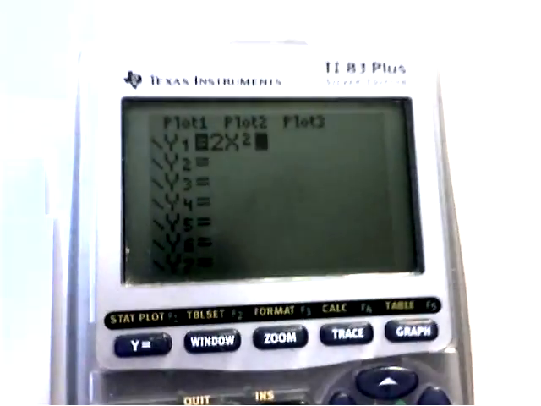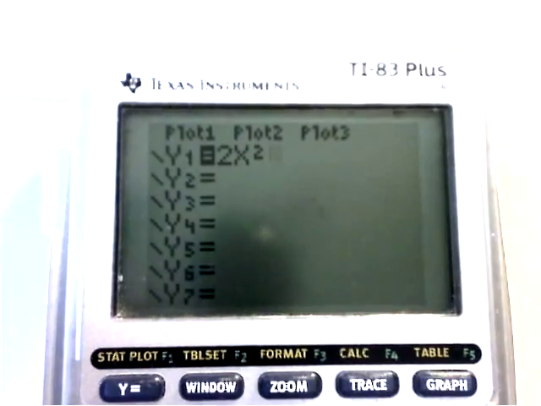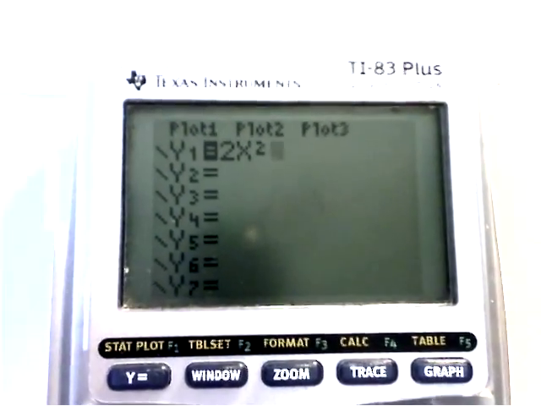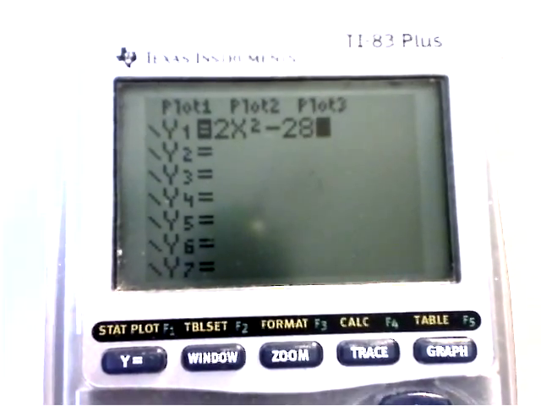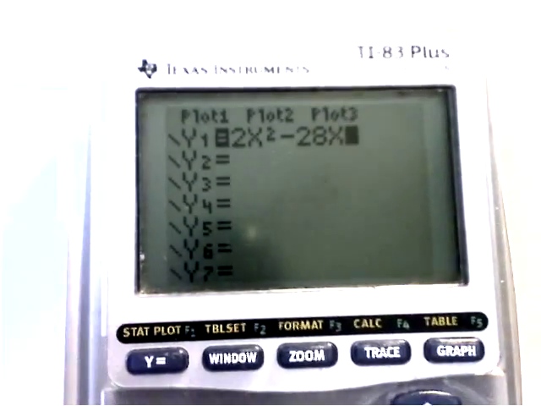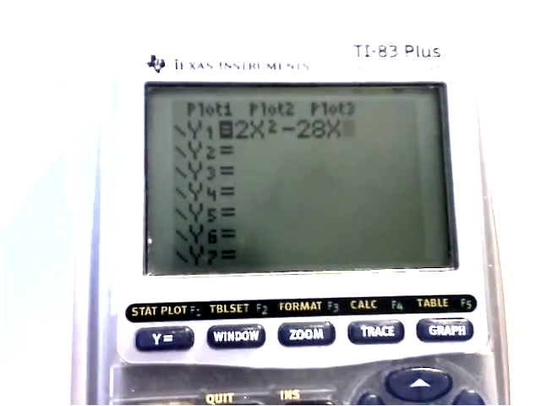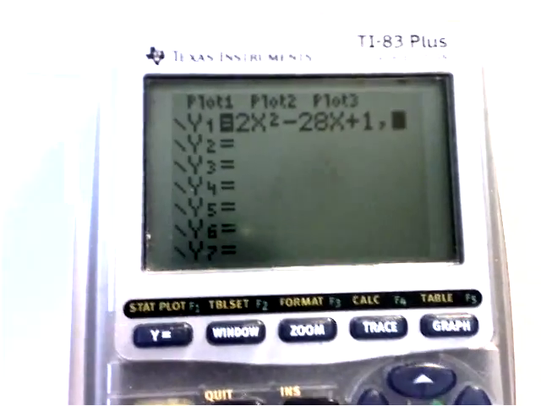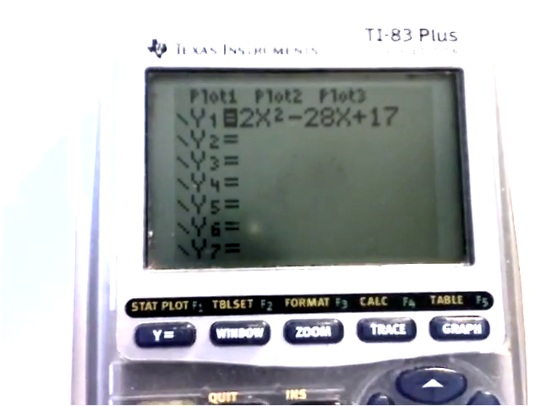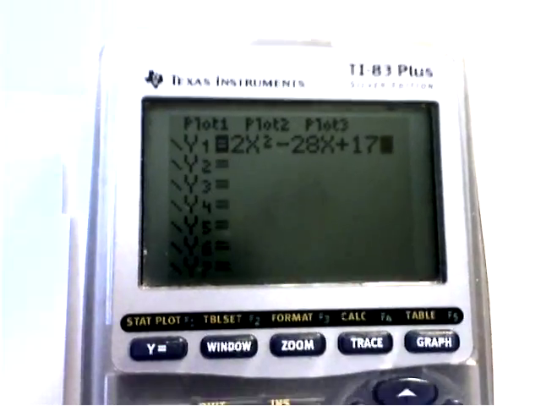That x squared only gives you the exponent for 2. And then minus 28x, 28, and then press the X,T,theta key for your x, plus 17. That's your equation.